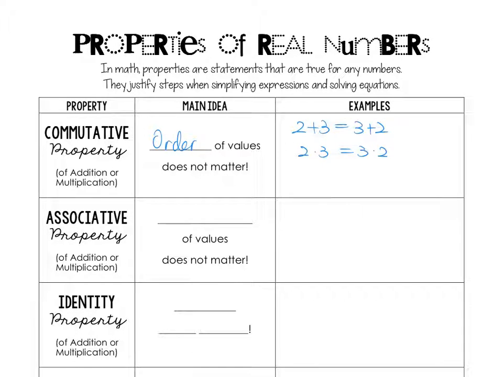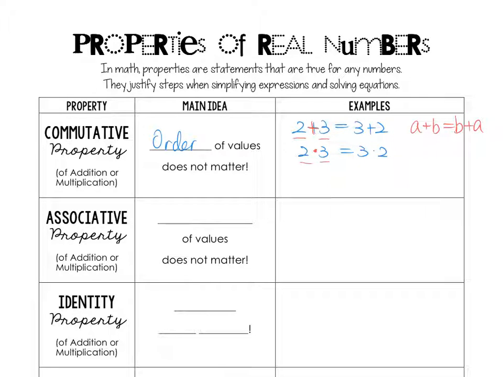It's also 6, right? But now that you're in algebra, we do something smarter. We use letters to represent certain terms. Each of the numbers here, 2 and 3, is called a term, and terms are separated by a multiplication, addition, subtraction, or division sign.